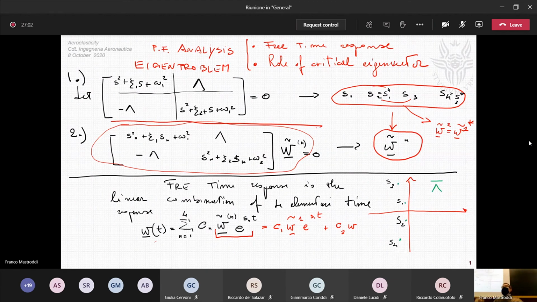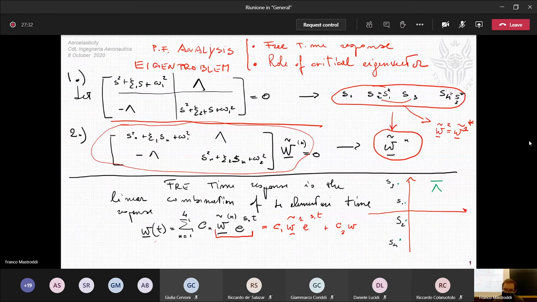You can apply the rule that the conjugate of the product is the product of the conjugates. And you have a matrix product with a vector, you can apply this rule as well, and therefore, if you take the conjugate of this, you obtain that the same system is satisfied by the conjugate of the pole with the conjugate of the eigenvector, necessarily. Okay, so we also have a couple of conjugate eigenvectors.